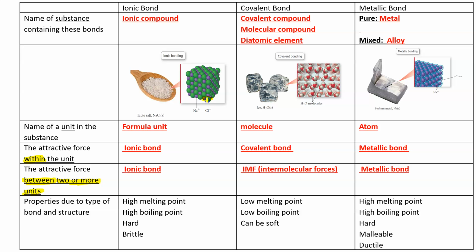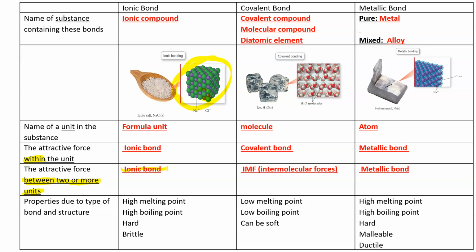Let's say that I wanted to pull 1 unit off of this network, off of that crystal. If I want to just pull one of those off, you see it would be the same thing as if I were to try to just pull chlorine or sodium off, because they're attracted to each other just as much as they're attracted to these other ions. Okay, they're held together by ionic bonds.